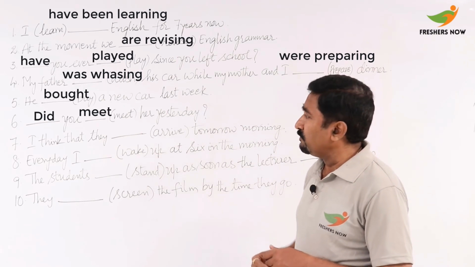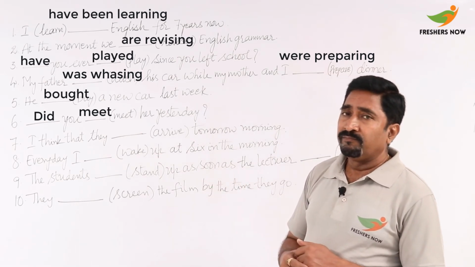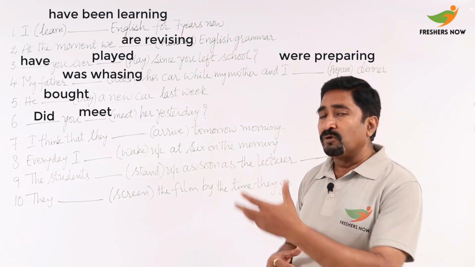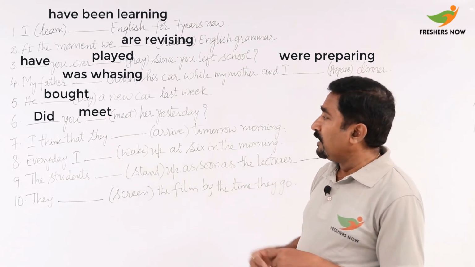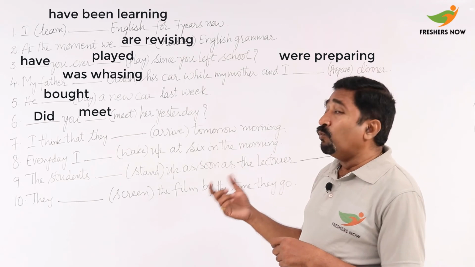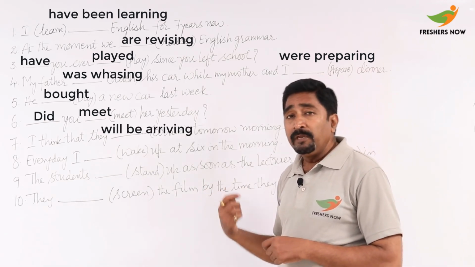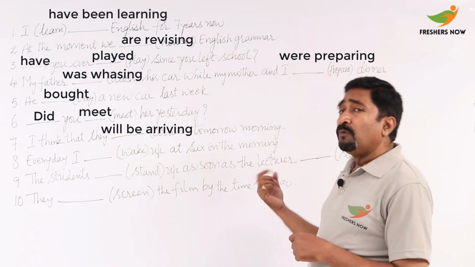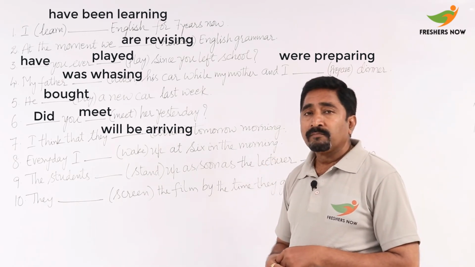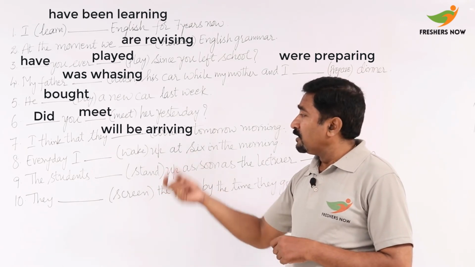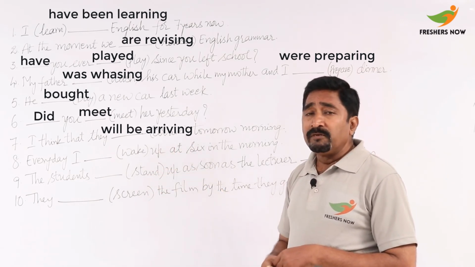Now let's see the next one. I think itself speaks that it's a future progressive tense. I think that there will be arriving tomorrow morning. So a signal word is there, a phrase of it. Next, every day.